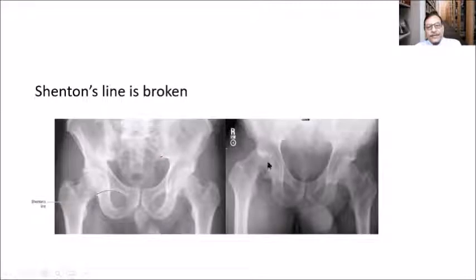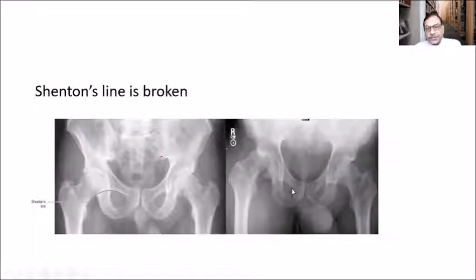The central line is the inferior border of the superior iliopubic ramus, and then it goes and meets the inferior border of the neck of the femur.